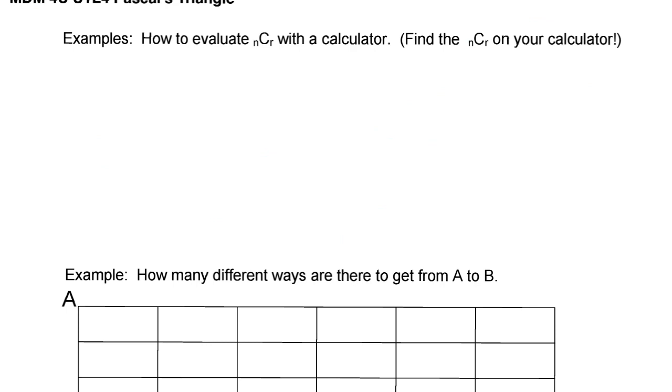All right, so now how do you evaluate this with a calculator? What we're going to do is take a look at two possible calculations here. So let's say I have C of 21, 7. You're going to get 116,280.